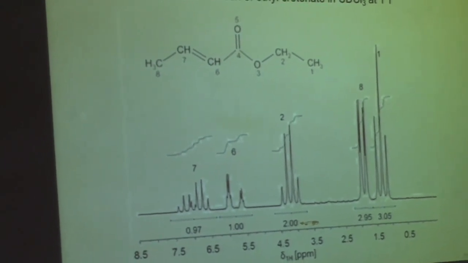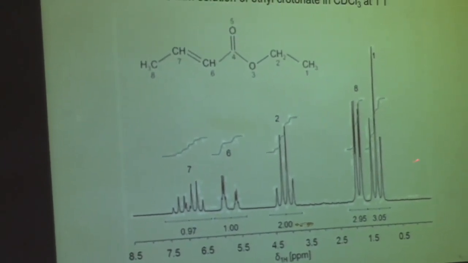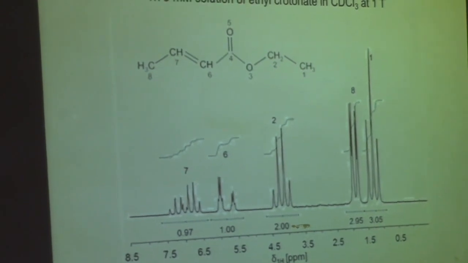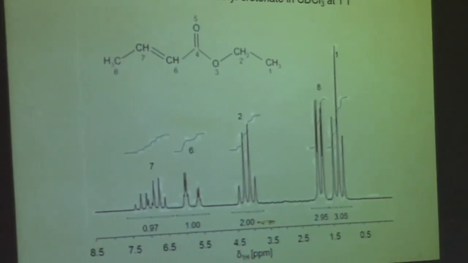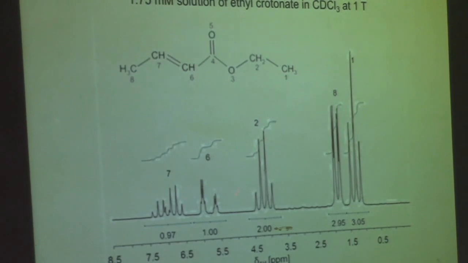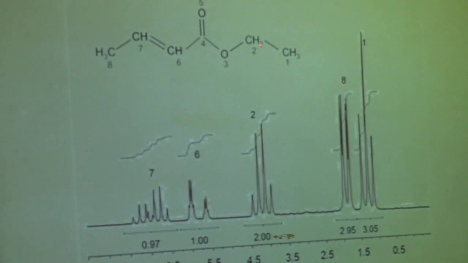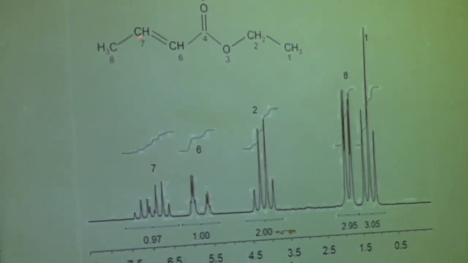Now what you can do to figure out is that you look at the splitting patterns of the J coupling patterns, and you take those as a help to figure out which chemical group is which one in the spectrum. So this methyl group is next to a methylene group, while this methyl group is next to a CH group. So here I have only one proton that couples, so that would give us a doublet.